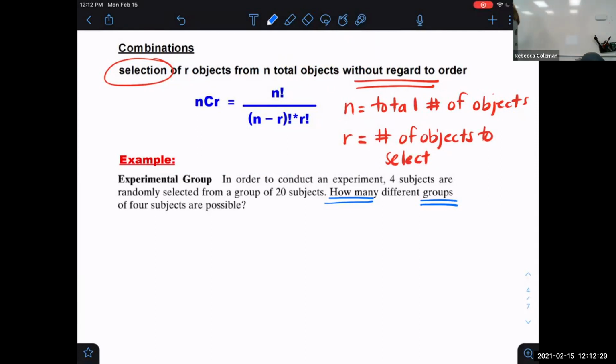It's not like I'm going to rank them 1, 2, 3, 4. I'm not going to assign them like rank offices, like president, vice president. None of that matters here. All I'm looking to see is how many groups are possible. And I'm not going to do any ordering at all. That is a situation where you use a combination to count the number of groups or selections without counting the ordered arrangement.